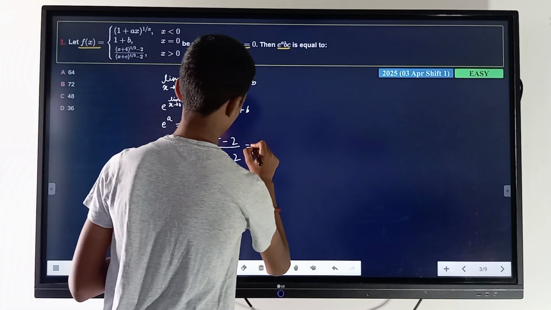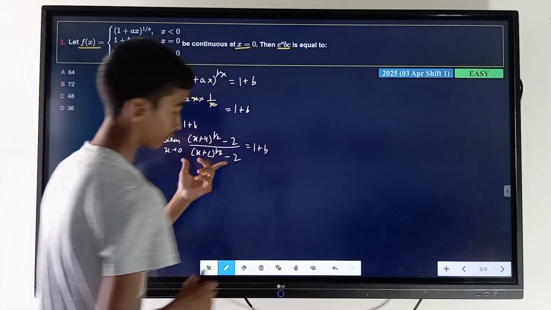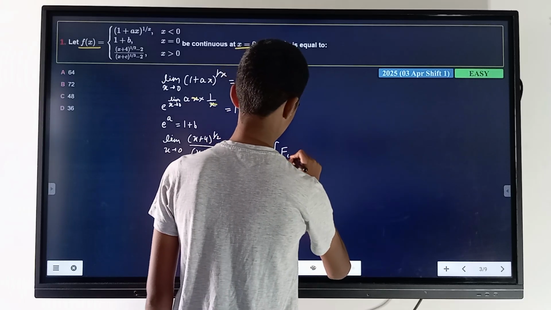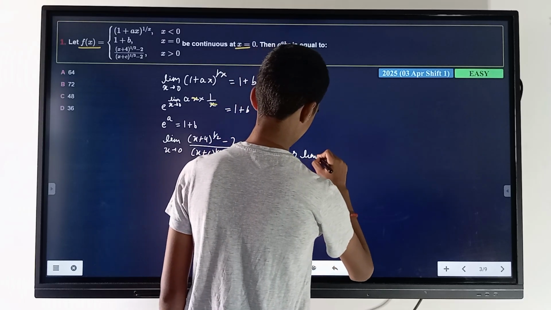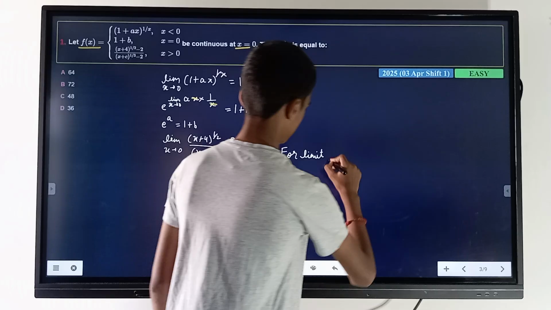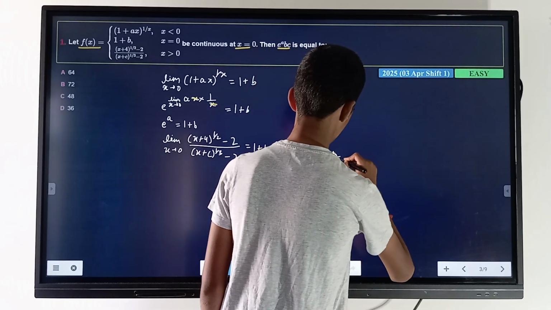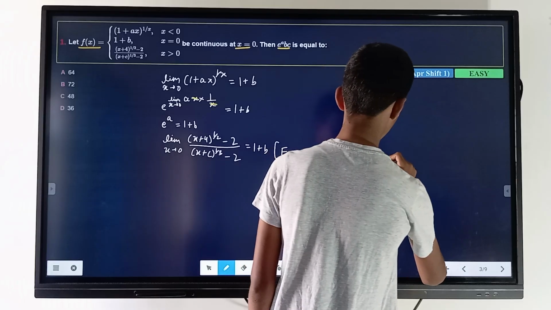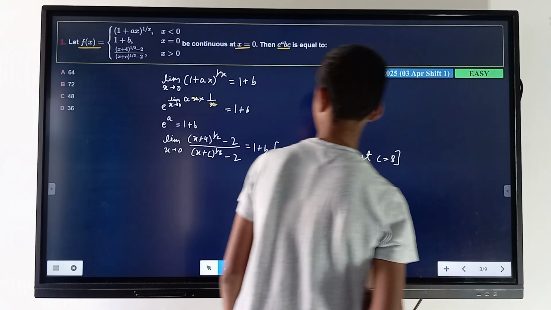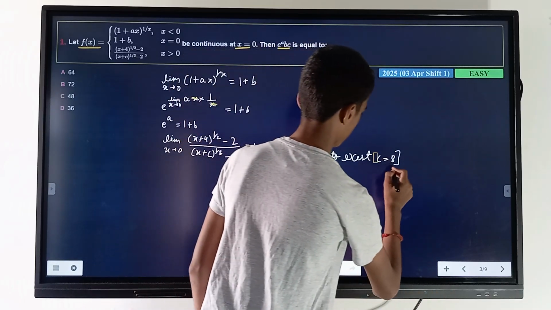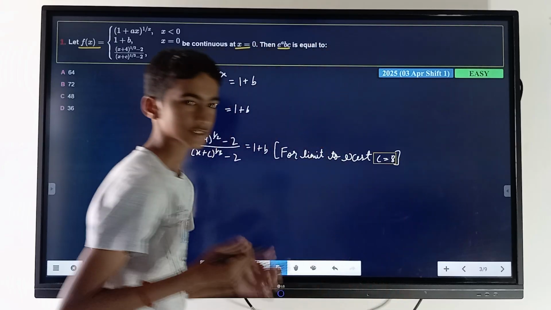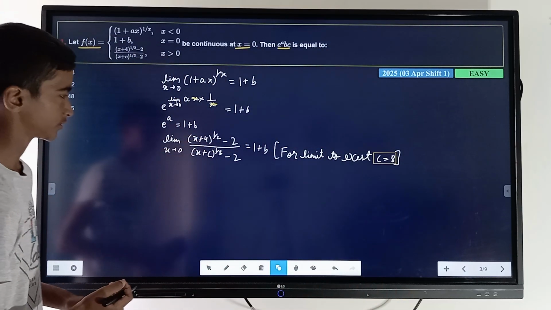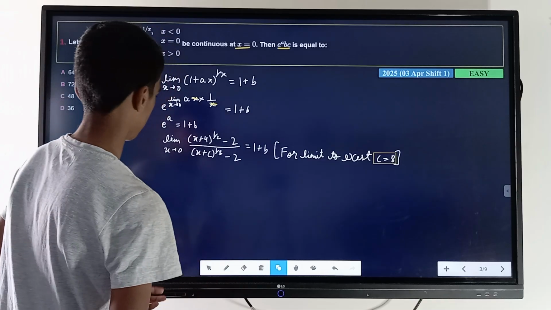Now this is equal to 1 plus b. Now for this limit to exist, our c should be equal to 8, because when we take c is equal to 8, we will get a form of 0 upon 0 which we can solve.